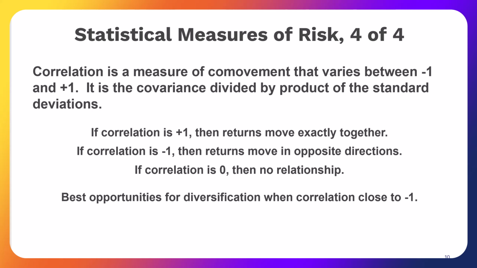So again, when correlation is +1, they move exactly together. For example, stocks in the same industry often have high correlation. By contrast, if you add international stocks to a portfolio, that introduces lower correlations and enhances potential diversification.